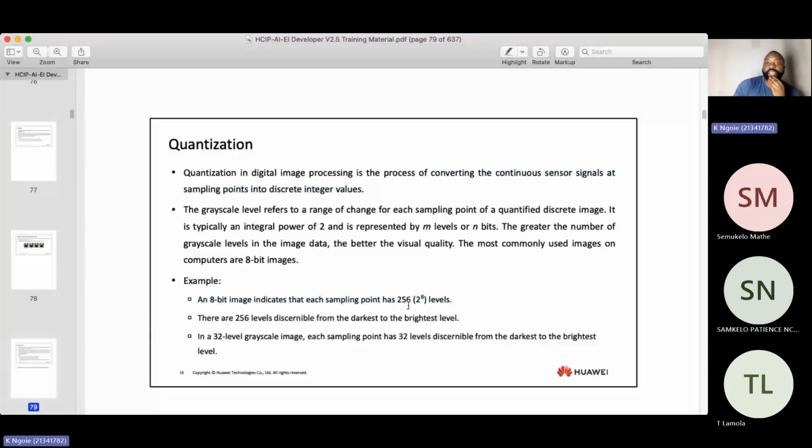So for 8-bit quantization, we have 256 levels. That means that if the voltage that was taken by the sensor for that part of the image was maybe 0.4 volt, that may be mapped to maybe level 117. So we have 256 levels from the darkest to the brightest level. So that's how it's going to be mapped there.